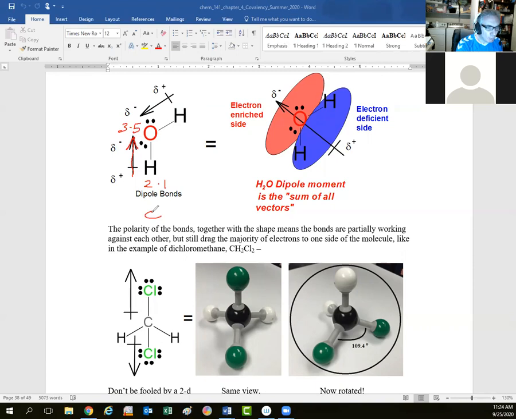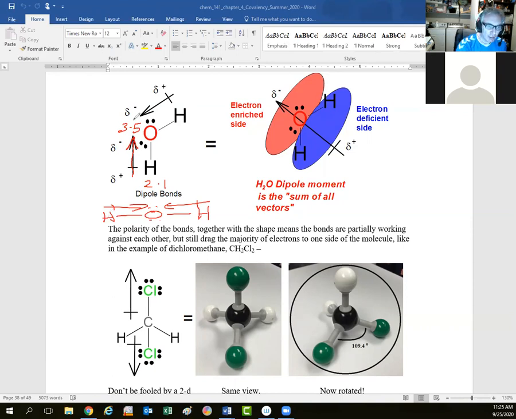Now, if water was linear, then those two polar bonds would be butting heads and cancel out each other's effect. But they're not cancelling out because the molecule is non-linear. Those lone pairs of electrons on the oxygen bend the molecule into that V shape, that non-linear shape.